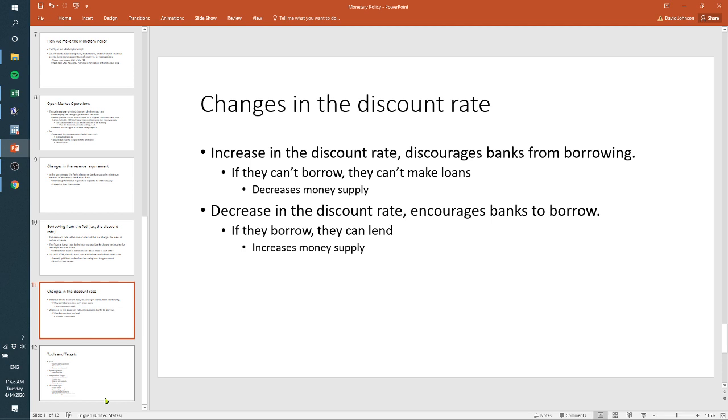In the next class, what I would like to do is run through some scenarios and talk about what would be some reasonable responses to these scenarios that the government could use to get us out of a recession or an inflationary gap. And what we're going to see is that we can use fiscal policy and monetary policy at the same time to move us out of the gap that we're in.